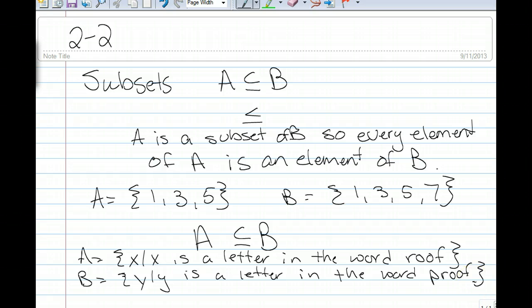Does A subset B? Yeah, because roof is really a part of proof. If the sign was switched, it would be false, though. Correct. I could not say B is a subset of A, but I can say that A is a subset of B. Okay?